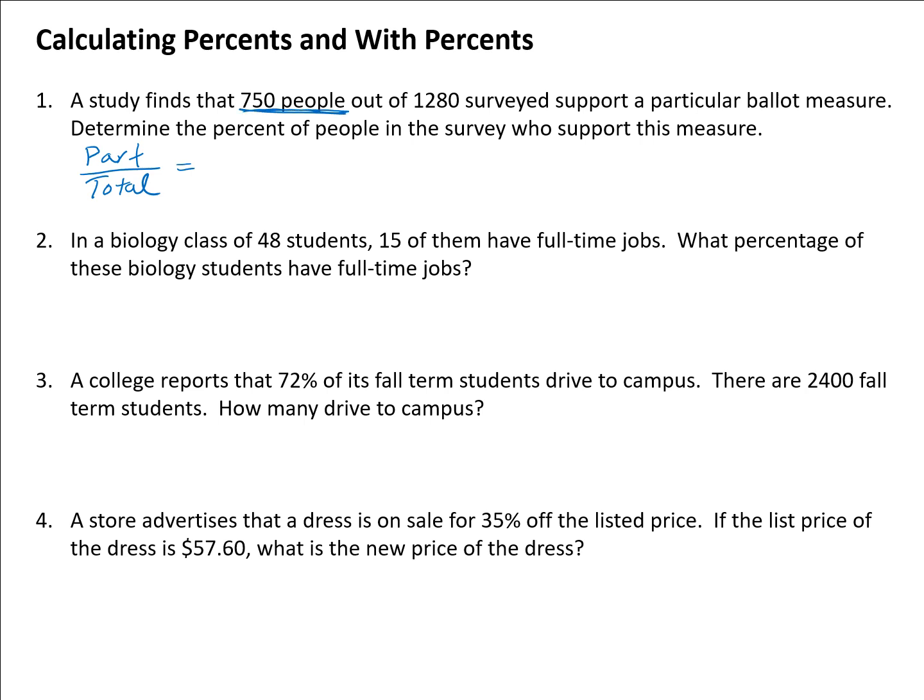There are 750 people out of 1,280 surveyed. The 1,280 surveyed is the total. The 750 people are the part we're interested in, because those people support the particular ballot measure, and that's what the percent is that we're trying to find. So we would take 750 and divide it by 1,280.